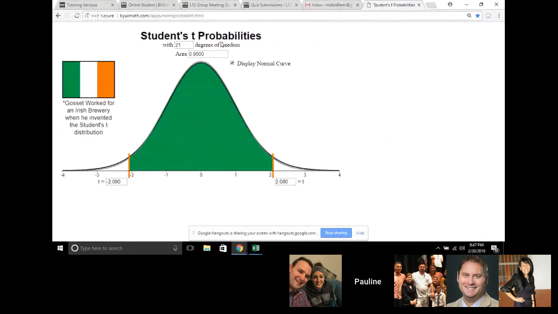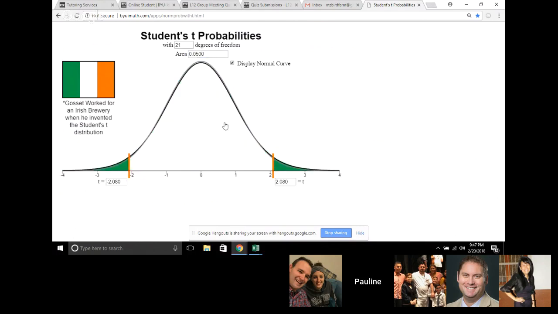You have to put the degrees of freedom and you have to put the area. If you shade this area, you put the 0.95. And if you shade these outside areas and not the middle, then it's 0.05. And it comes up with the same answer either way. It doesn't matter.